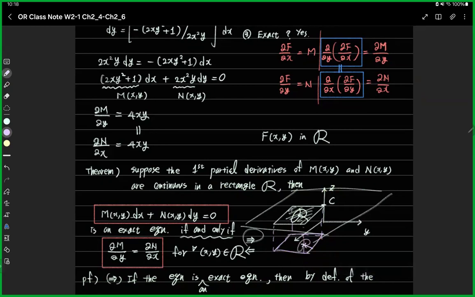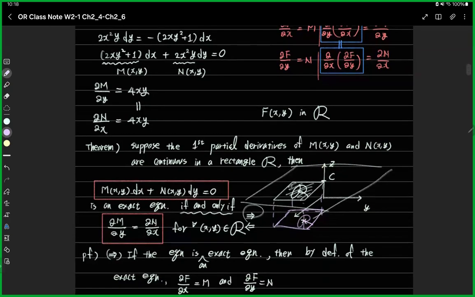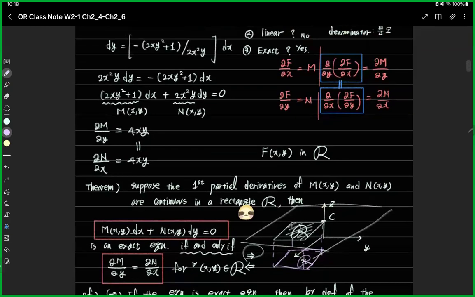What does that mean? Because M and N are partial derivatives of f, that means f is also continuous in the domain. So that's the meaning of the rectangle R, which is the domain of the unknown function f, the solution of the exact differential equation.